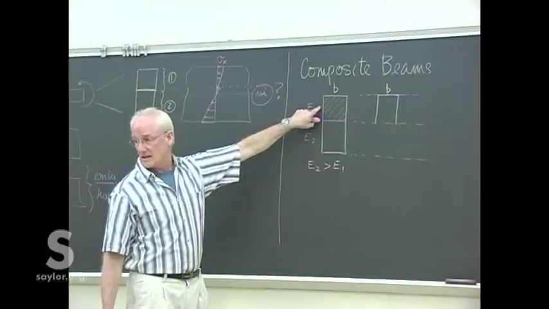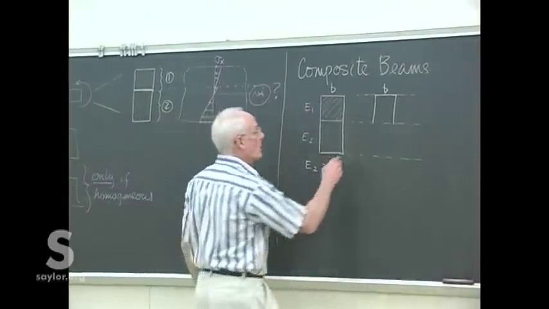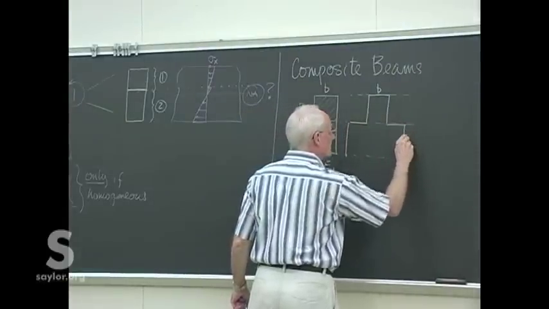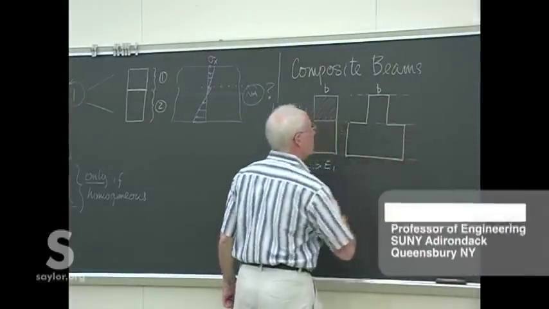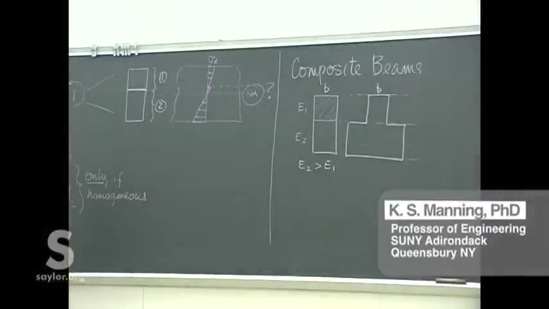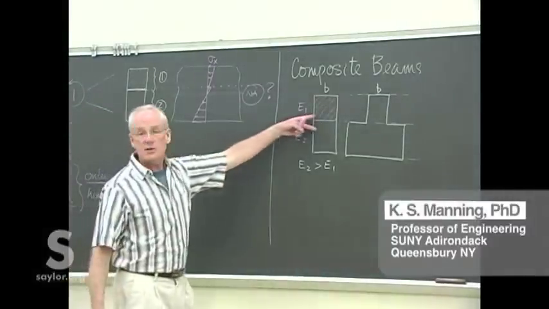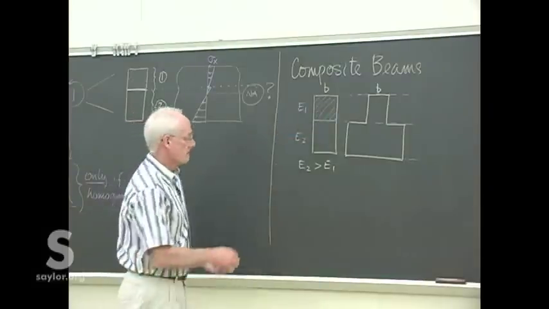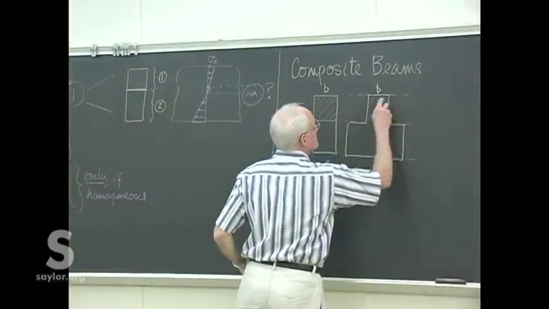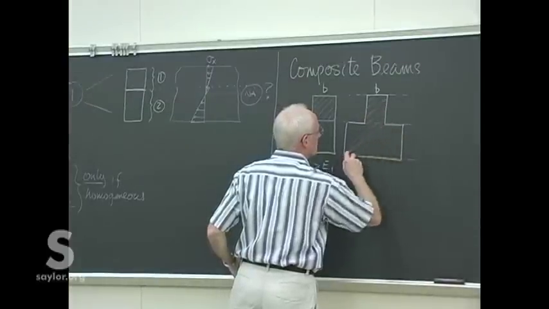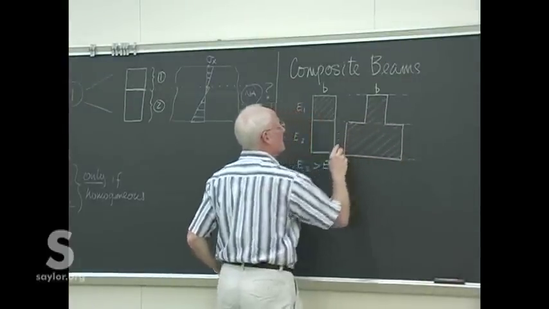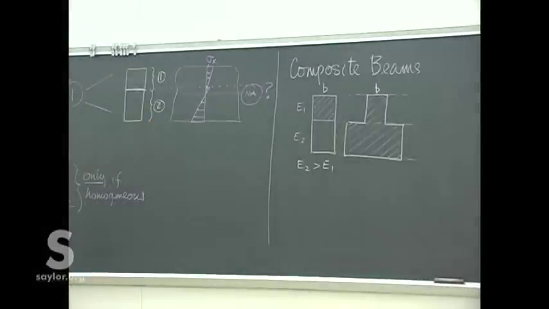Because it's not as stiff, I'm going to need a lot more of it. So I'm going to put in a whole bunch more of this material, and now it's entirely homogeneous and essentially equivalent to the beam we're trying to design of two different materials. So now this beam is entirely of the material with stiffness E1.